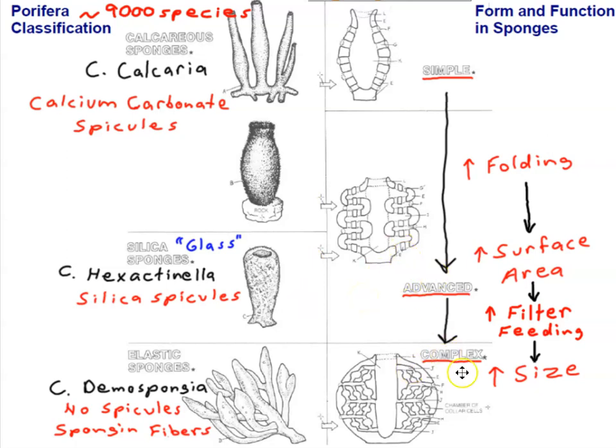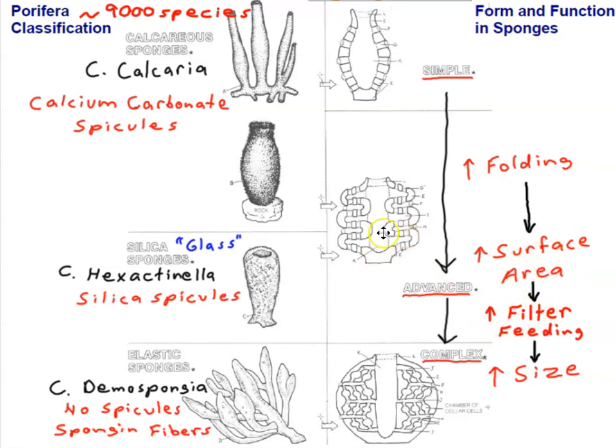And then in this last situation that corresponds with Demospongia, they are referred to as complex because they are not only highly folded, there are all kinds of channels throughout the body of the sponge too. And what all of this does is increase surface area. So here again, time and time again in biology, we see this concept of surface area coming back. By increasing folding in the body wall of the sponge, it increases surface area, which allows for more filter feeding.